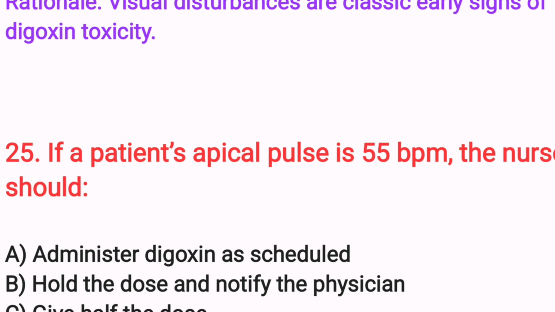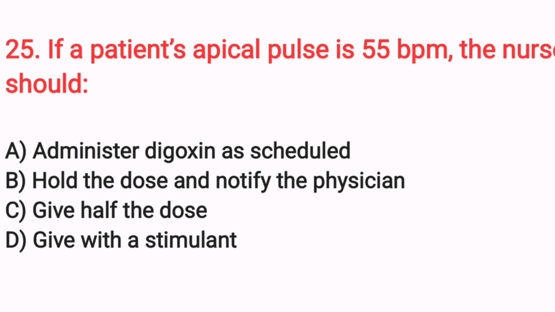Next, if a patient's apical pulse is 55, the nurse should option A, administer digoxin as scheduled. Option B, hold the dose and notify the physician. Option C, give half the dose. Option D, give with a stimulant.